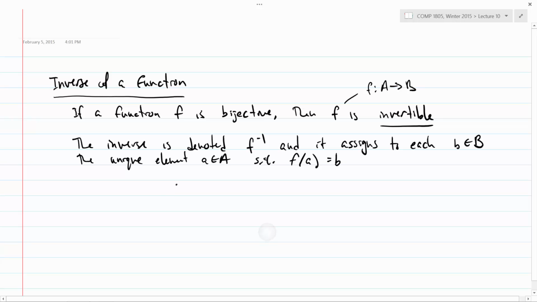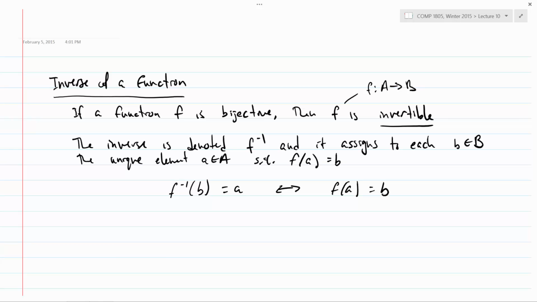So what this means is f inverse of b is a if and only if f of a equals b. That's how it's defined. And notice now it's hopefully clear why this function has to be both surjective and injective.